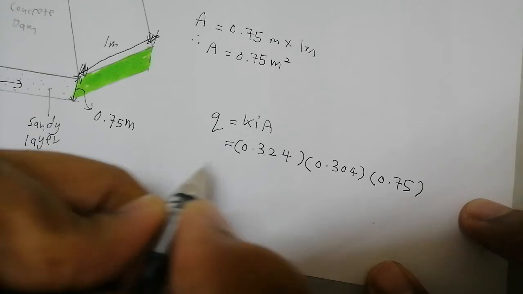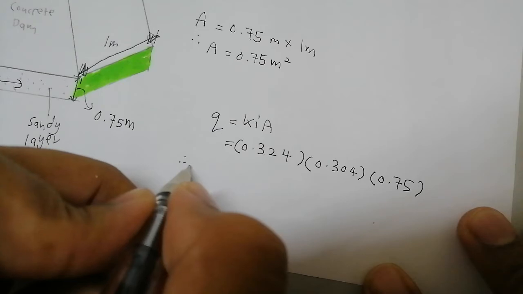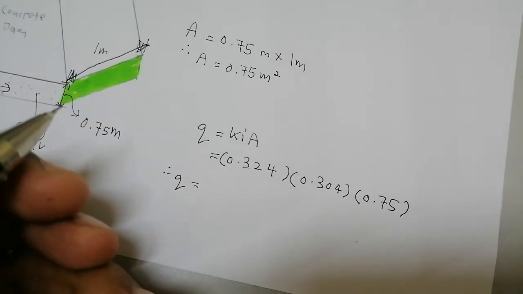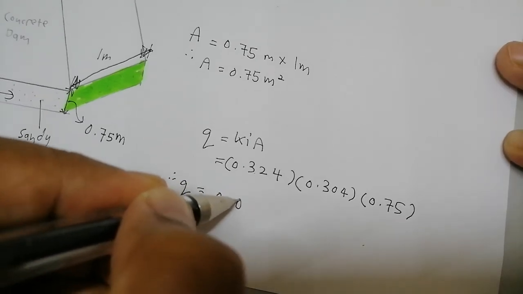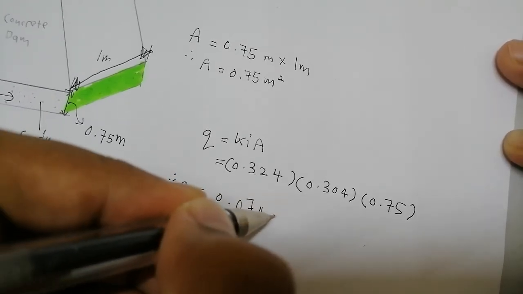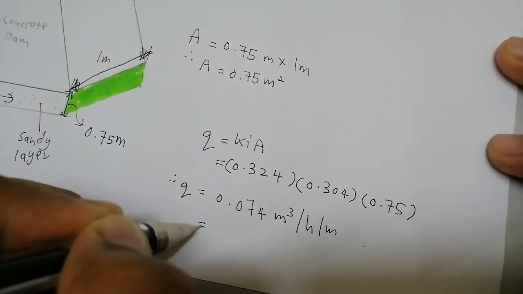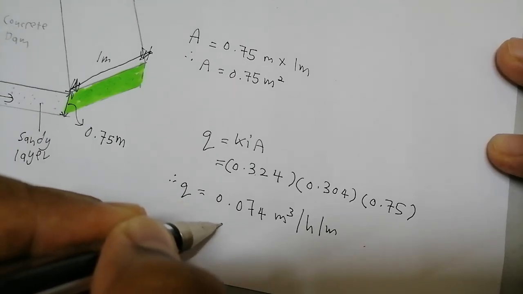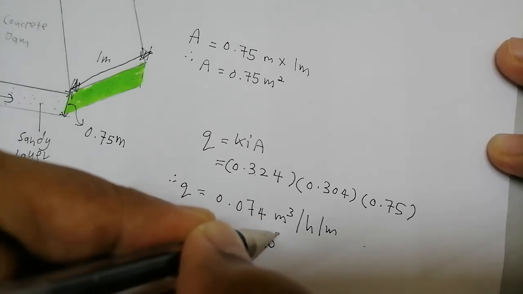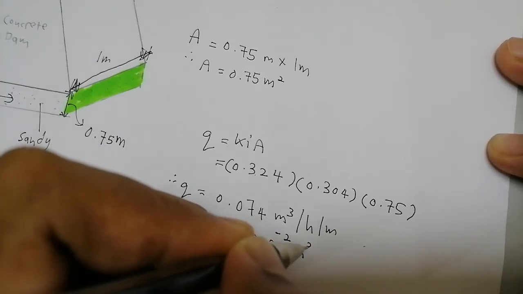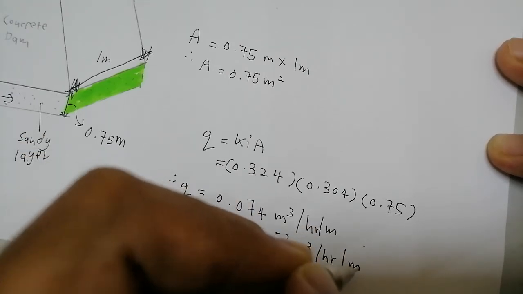Plugging all these numbers into your calculator, you'll get Q equals 0.074 meter cubed per hour per meter, or you can also write Q equals 7.4 times 10 to the power of -2 meter cubed per hour per meter.